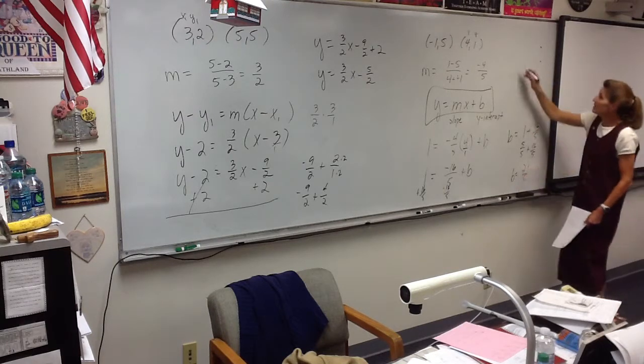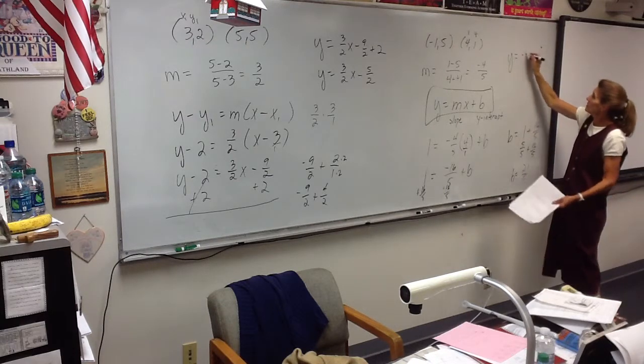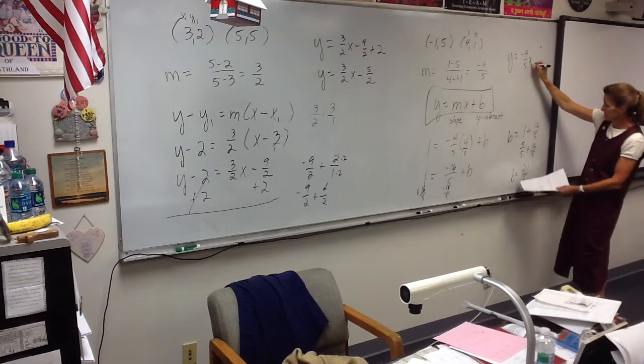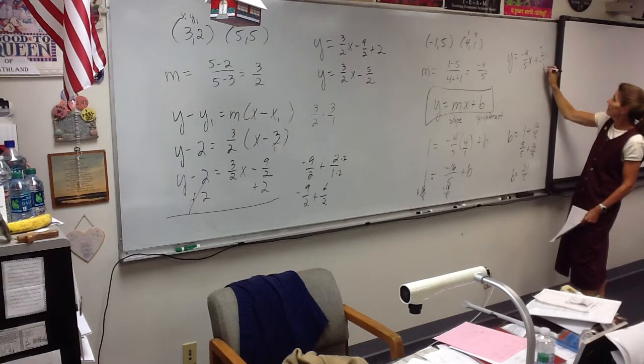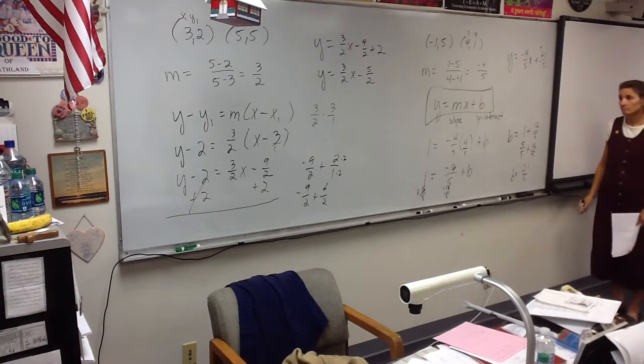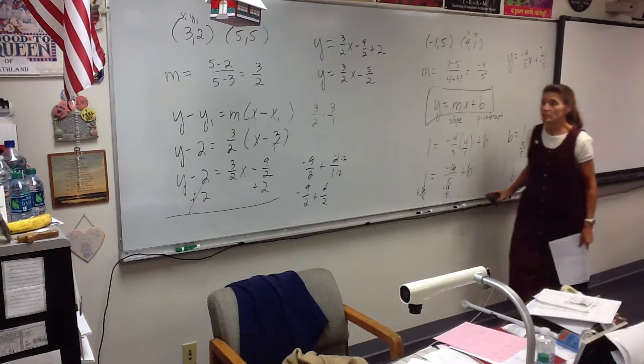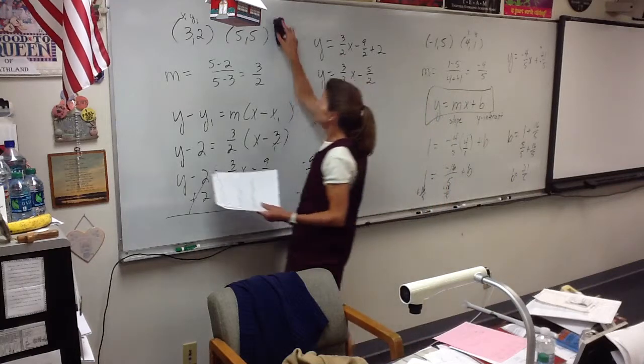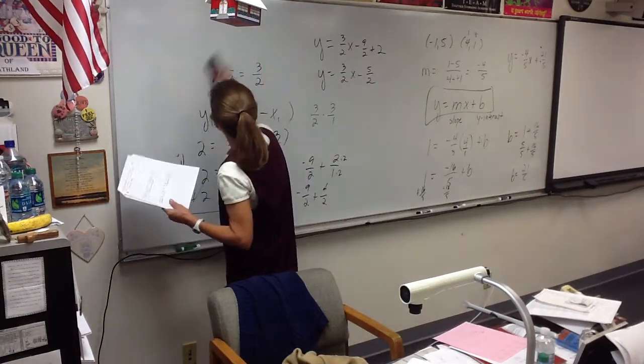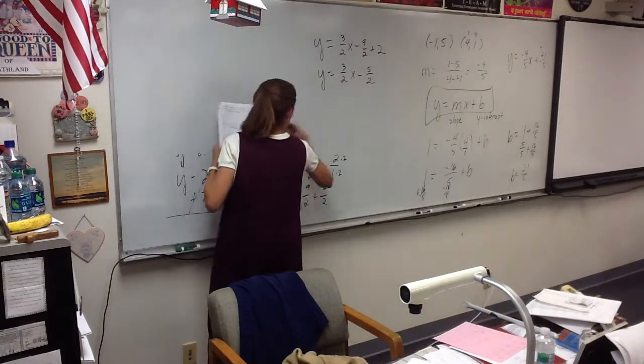So my line is y equals negative 4/5 x plus 21/5. I know these fractions are driving you crazy. They're driving me crazy too, and we don't have a choice.